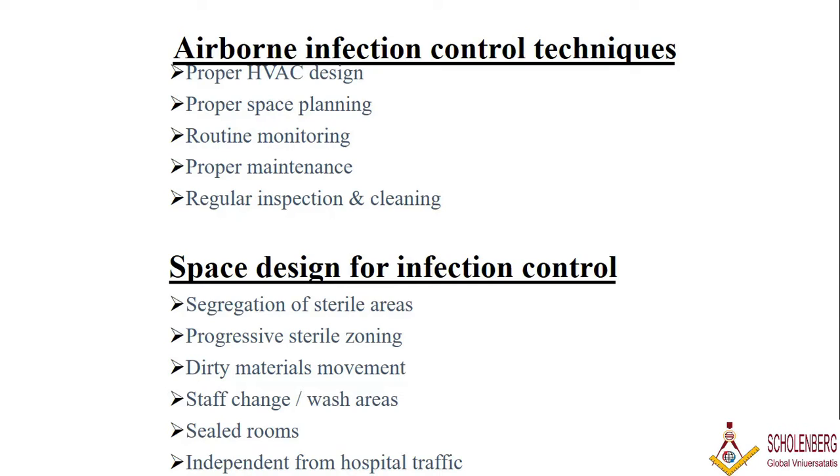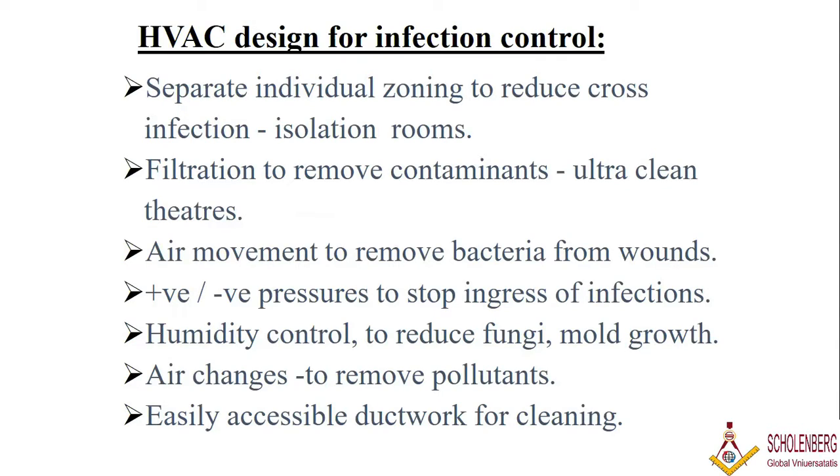Australia has very meticulously formed various standards for these things. As much as possible, for the infection control features, we have to be very careful about individual zoning to reduce cross infection, particularly, as I told you, isolation rooms. What do you mean by isolation room?